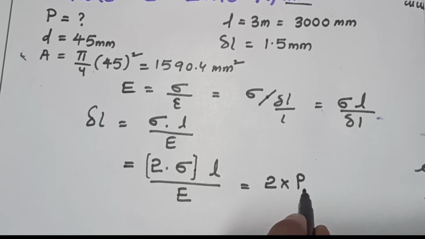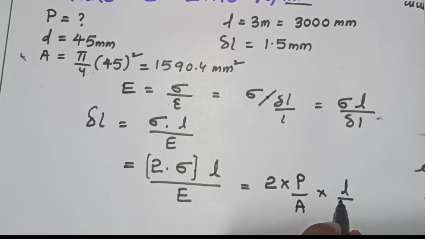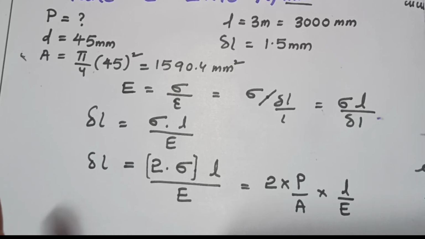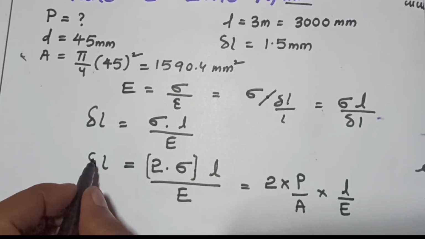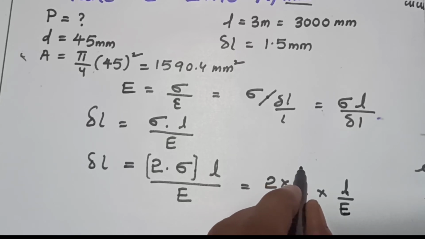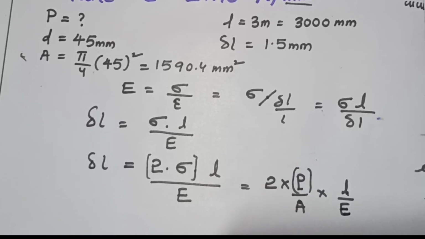So again we can write 2 into P by area into L by E. This is all about delta L. In this equation we know delta L, the area, the length and Young's modulus. The only unknown value is P, which we can calculate here.